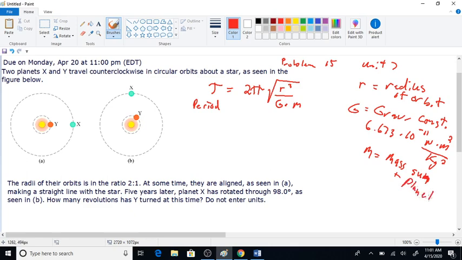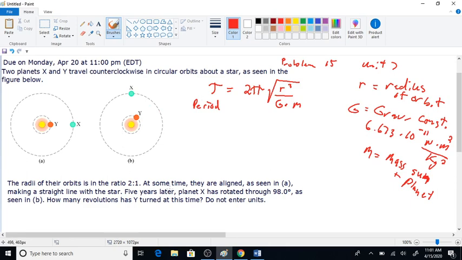Now, in this case, the mass of the star is so much bigger than the planet, we're going to assume that the mass of the planet does not matter. You can do that, because if the star is way more massive than the planet, it won't affect this much. You have to have that assumption for this problem. So we're going to use this formula.